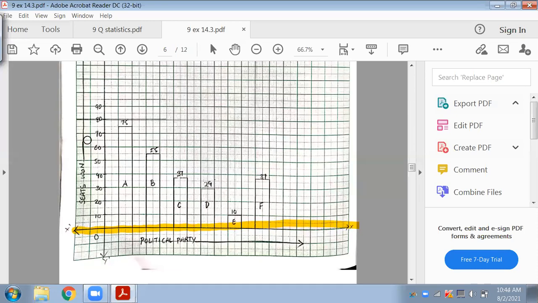Again, leave 2 cm on the left and draw a line, that will be your y-axis. So x dash, x, y on the top, y dash at the bottom, and where they intersect, it will be 0. You have to draw a bar graph. Bar graph means in between the bars there should be a gap.